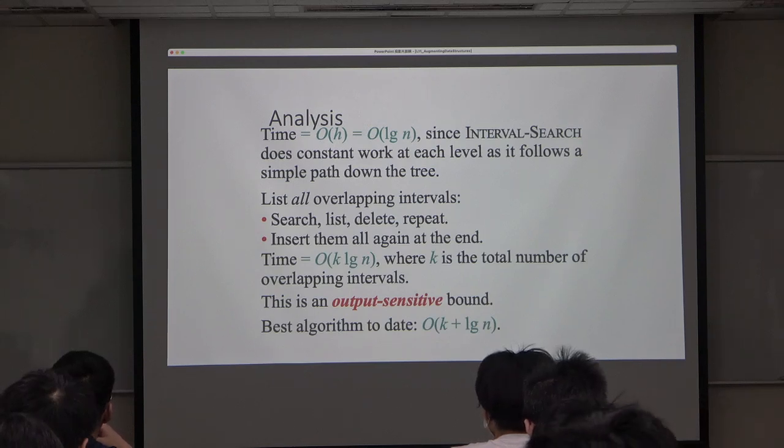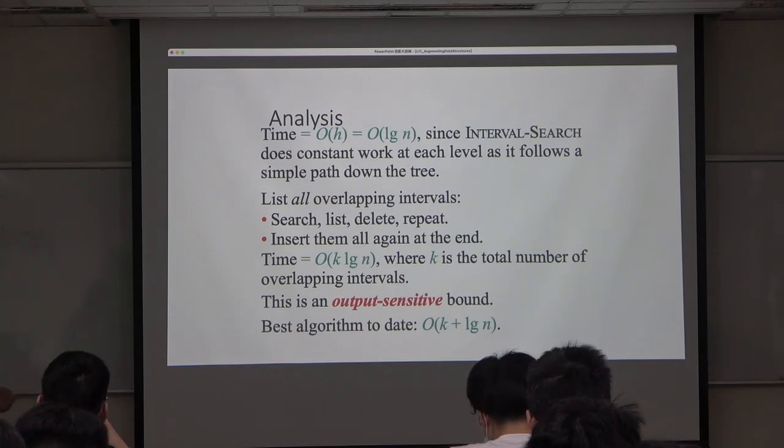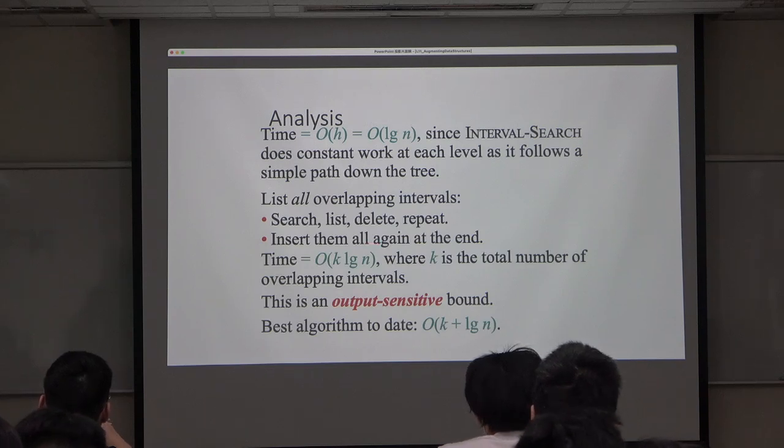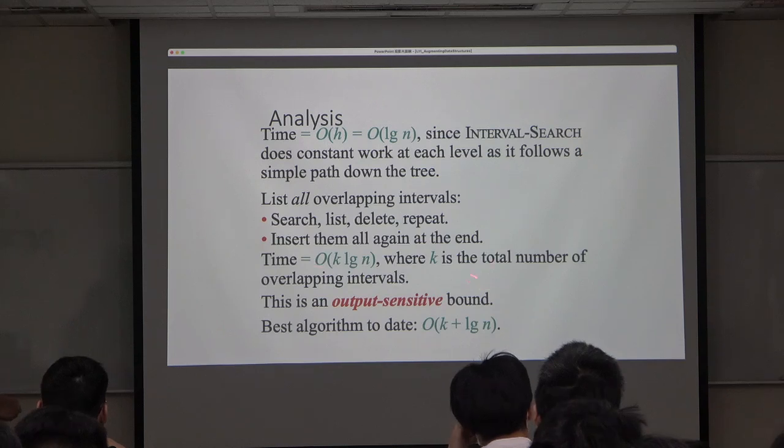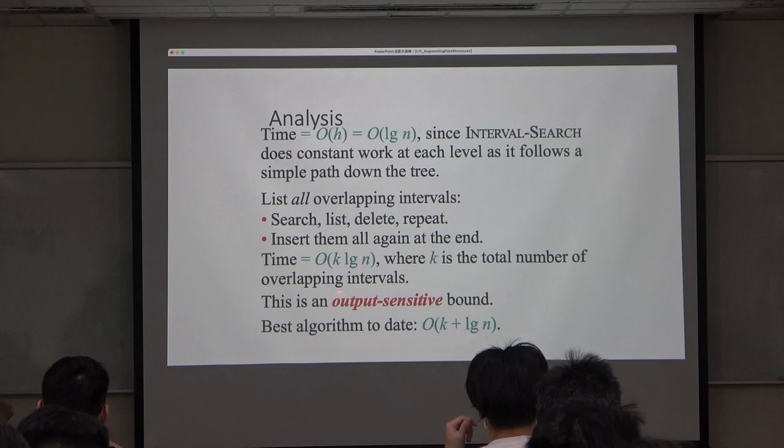But when k is small, obviously you have the benefit. k log n, when k is small, is obviously cheaper than linear. And that's the best algorithm. This is out of the scope of this class. I just want you to understand that there's such an algorithm out there.